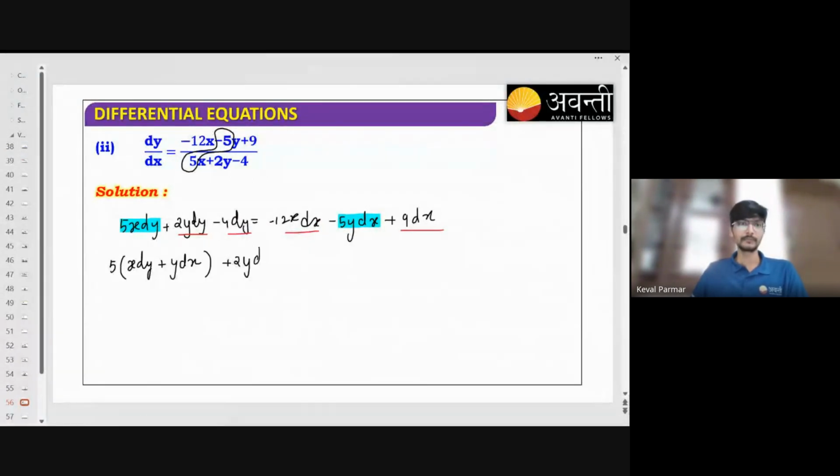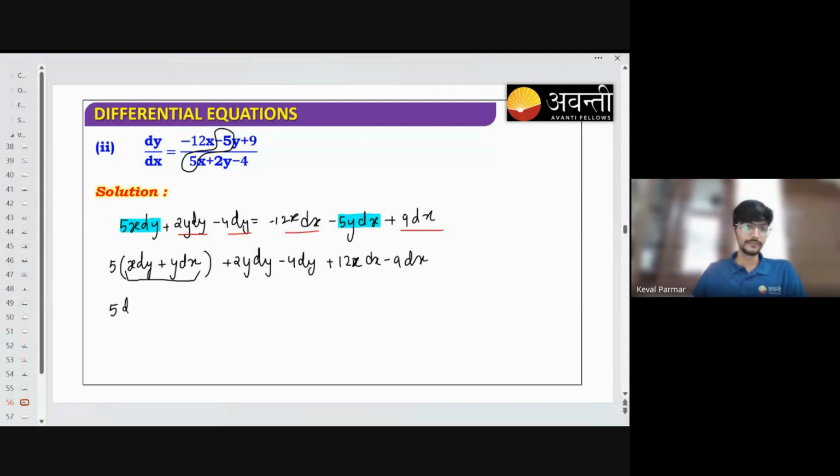I am taking everything on the left hand side: 5x dy plus 5y dx plus 2y dy minus 4 dy plus 12x dx minus 9 dx.